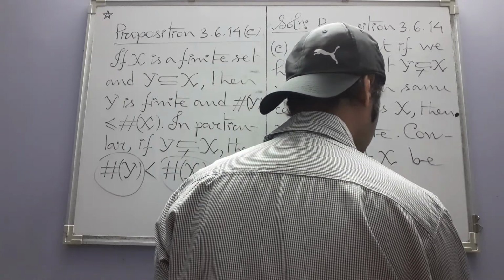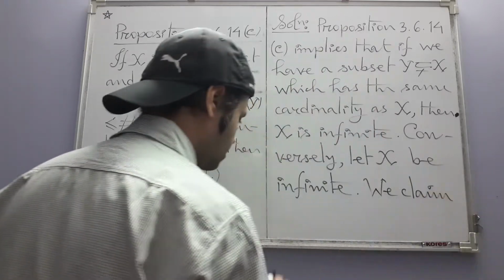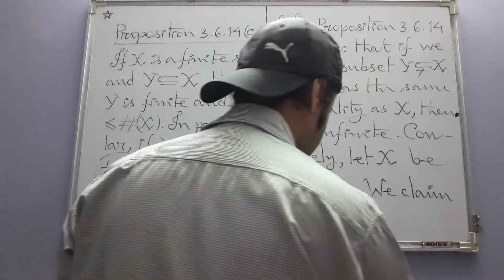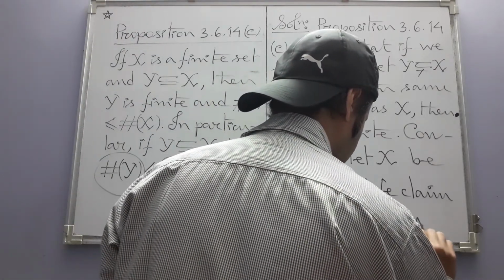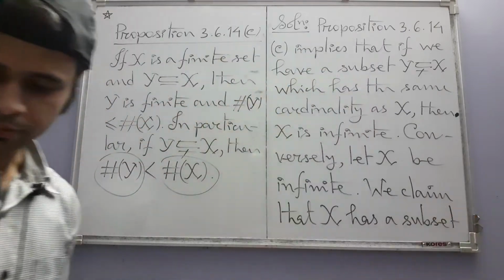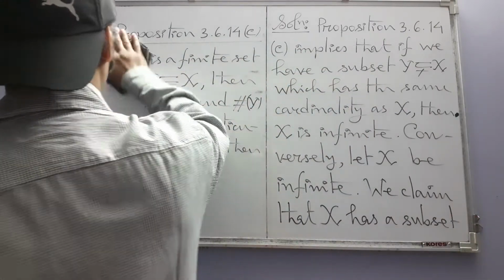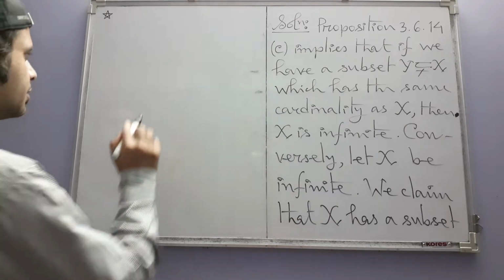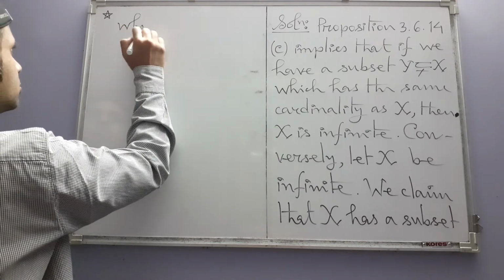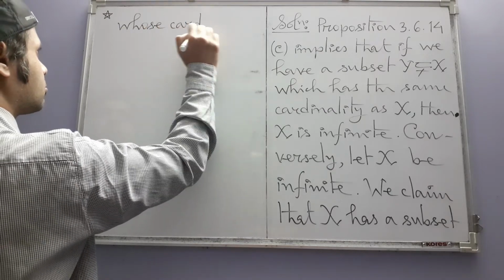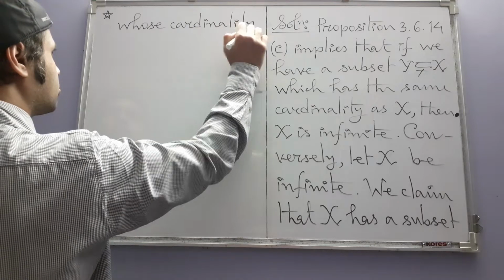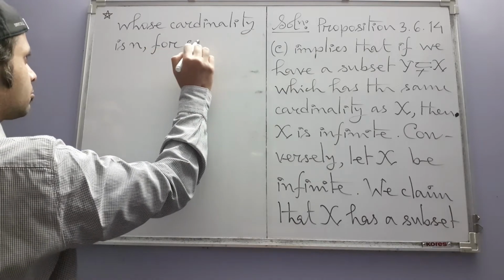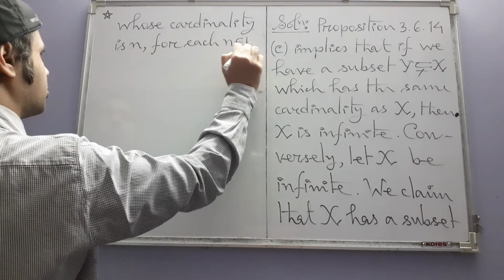We claim that our original infinite set X has a subset whose cardinality is n for each natural number n.